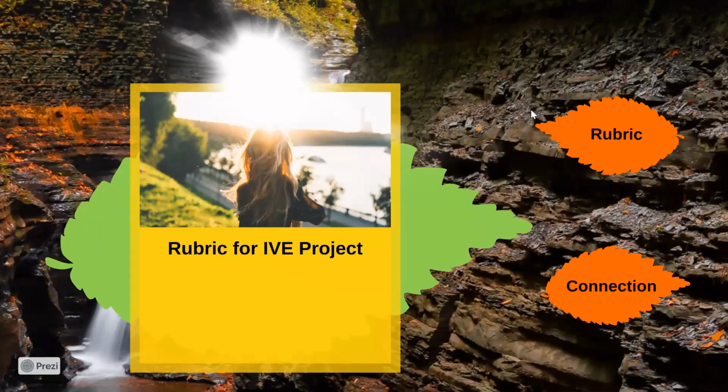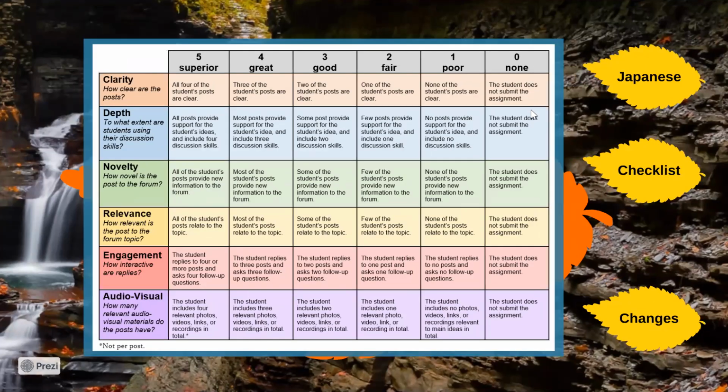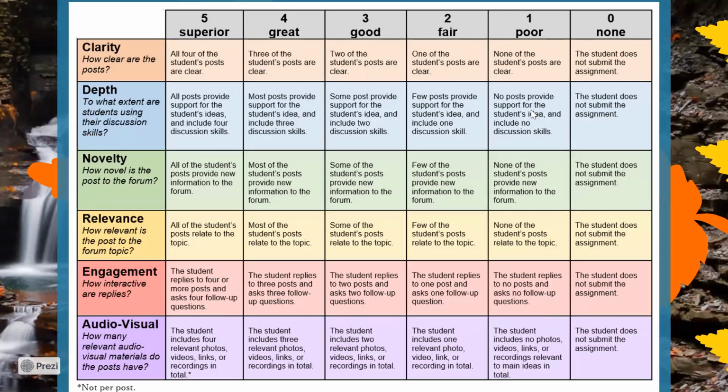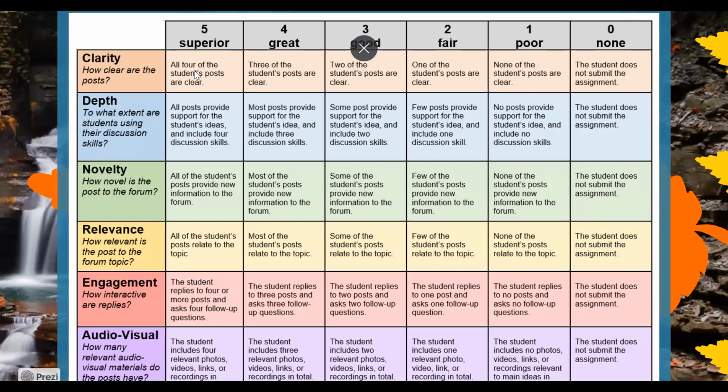Okay, so now we're going into the rubric for the IVE project that we created, and it looks intimidating at first, but hopefully we can explain it clearly. At the top, students can receive a 0 to a 5, from not turning it in to superior.